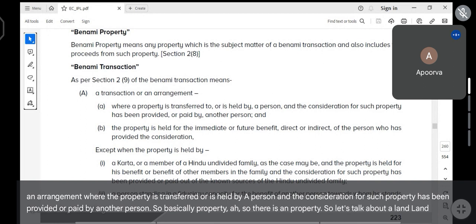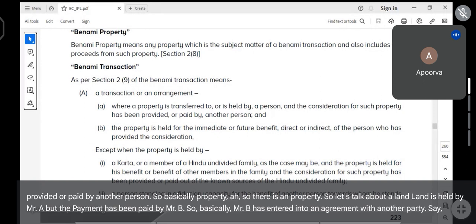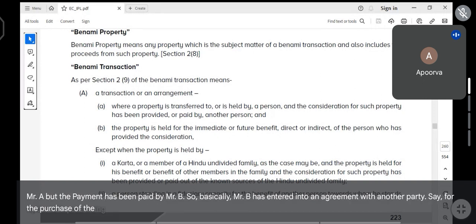Land is held by Mr. A, but the payment has been paid by Mr. B. So basically, Mr. B has entered into an agreement for the purchase of the property, but in the name of another person.